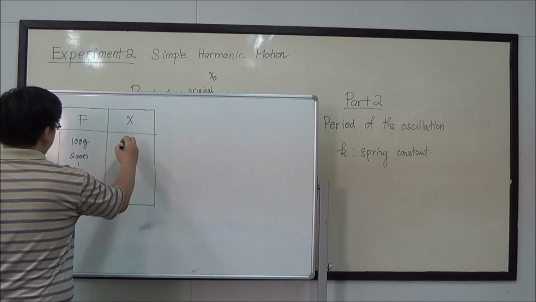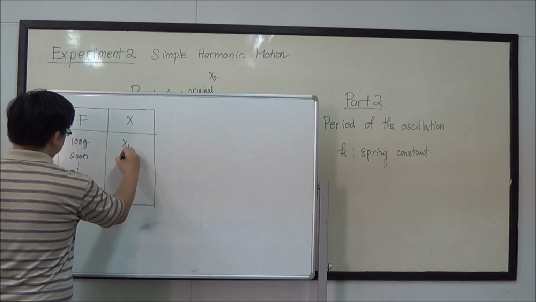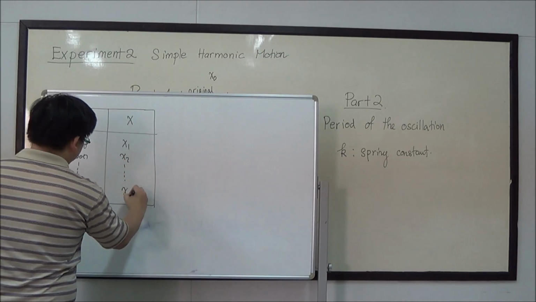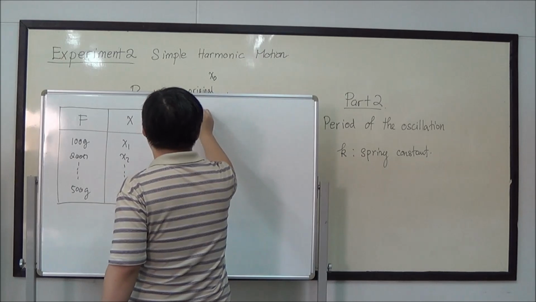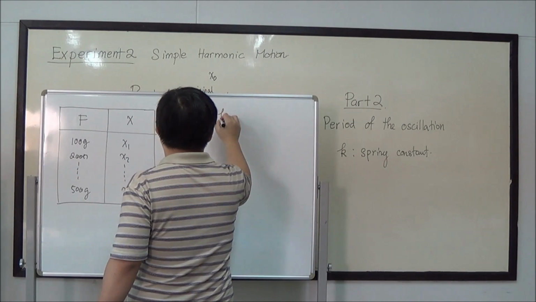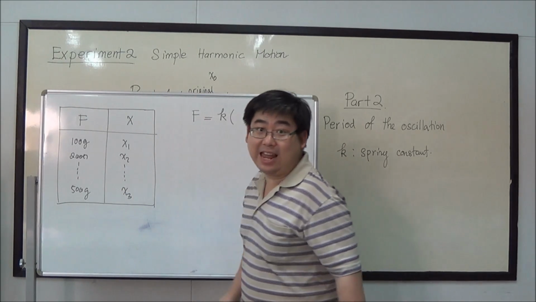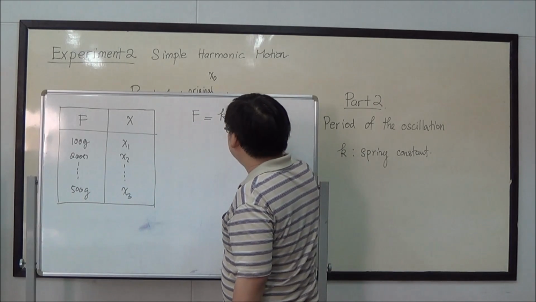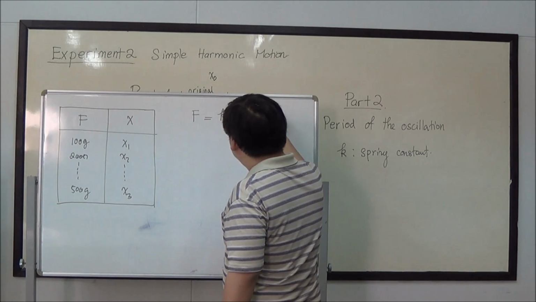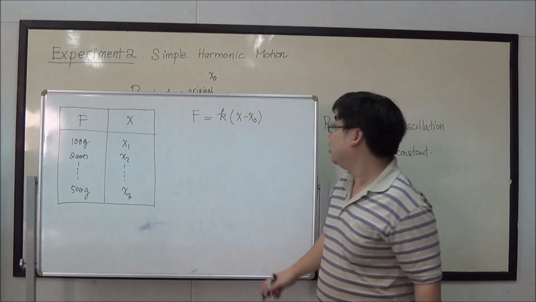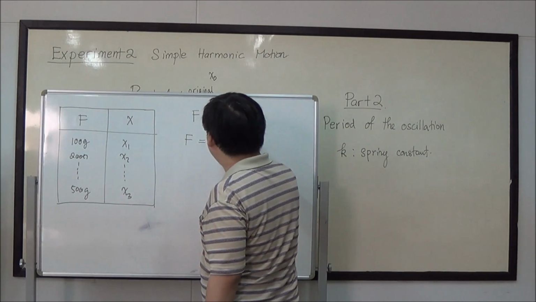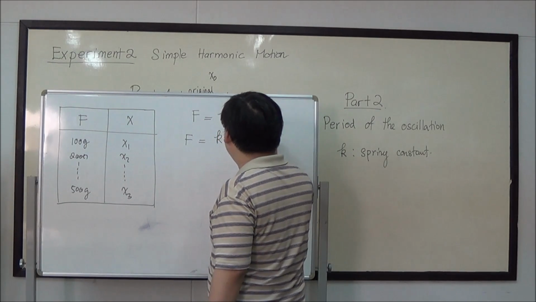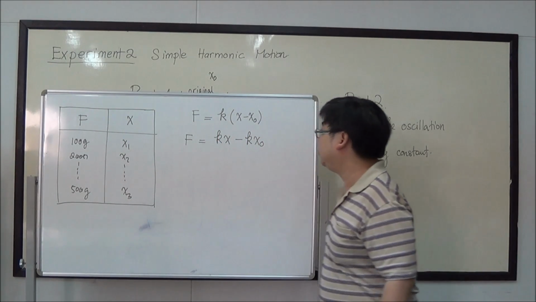And then we make a record of the length of the spring, x1, x2, and then x3. And from the theory, we know that F equals K times the extension, and the extension is x minus x0. So what we have here is Kx minus K times x0.